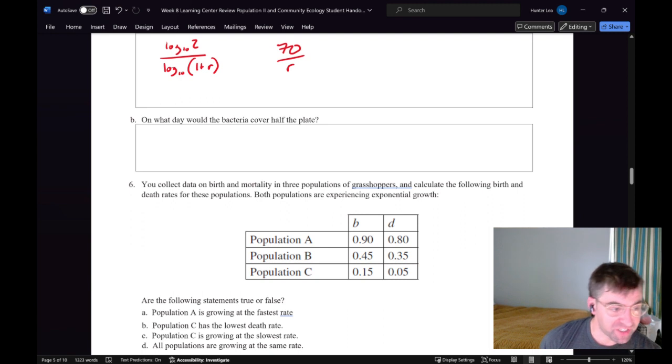On what day would the bacteria cover half the plate? The bacteria colony doubles in size every day and completely covers the plate on day 30. Then it must cover over half the plate.